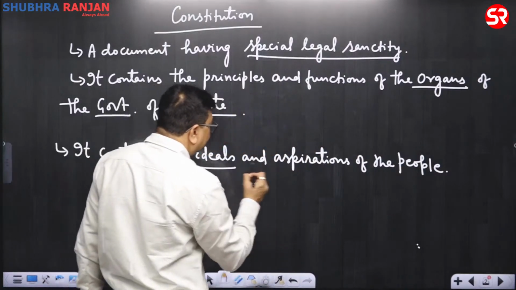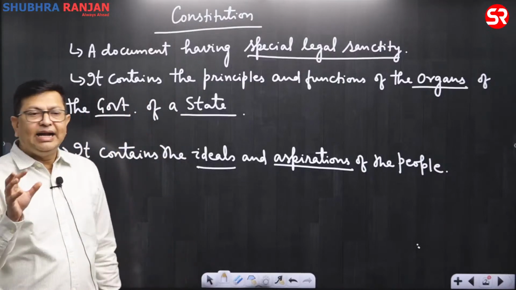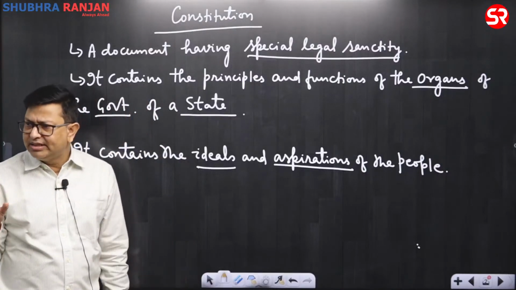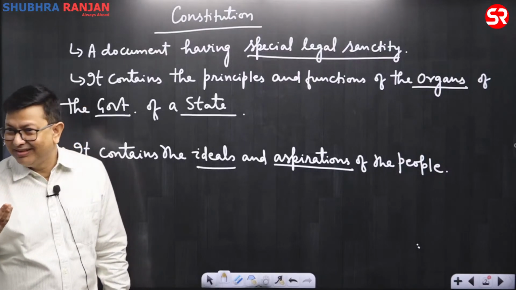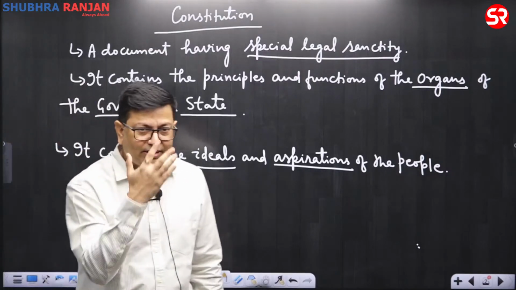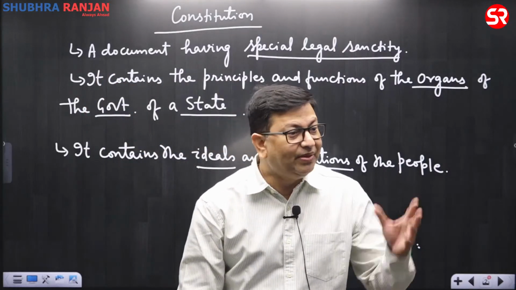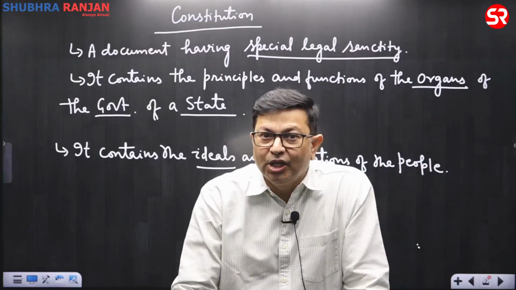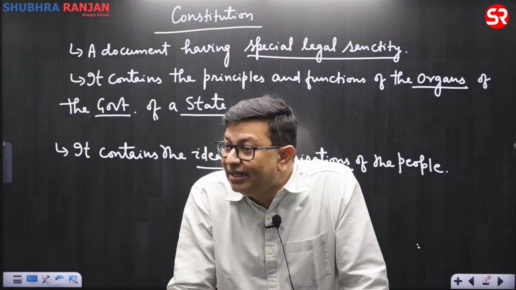Two words, ideals and aspirations. Ideals basically are the goals that we feel that we have achieved. We say Mahatma Gandhi is my ideal, Swami Vivekananda is my ideal, Dr. Abdul Kalam is my ideal, honesty is my ideal.